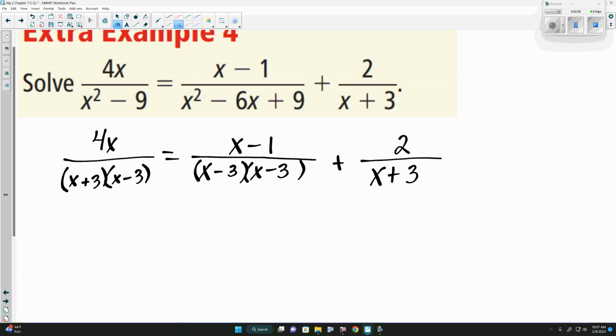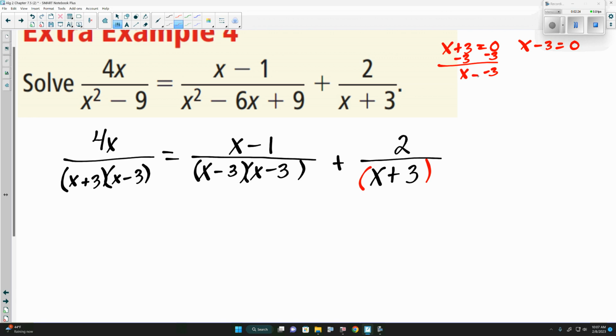Now, we do need to check for restrictions. Out of all three denominators, there's really only two expressions: x plus 3 and x minus 3. Neither one of these can be 0, so we set each equal to 0 and solve.